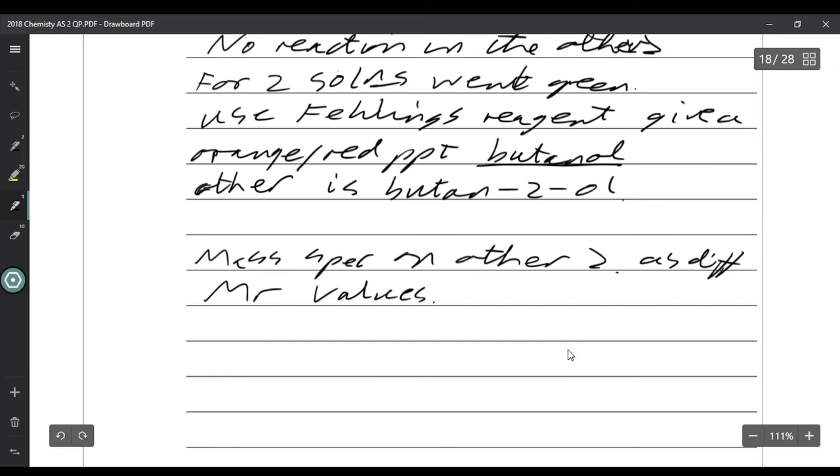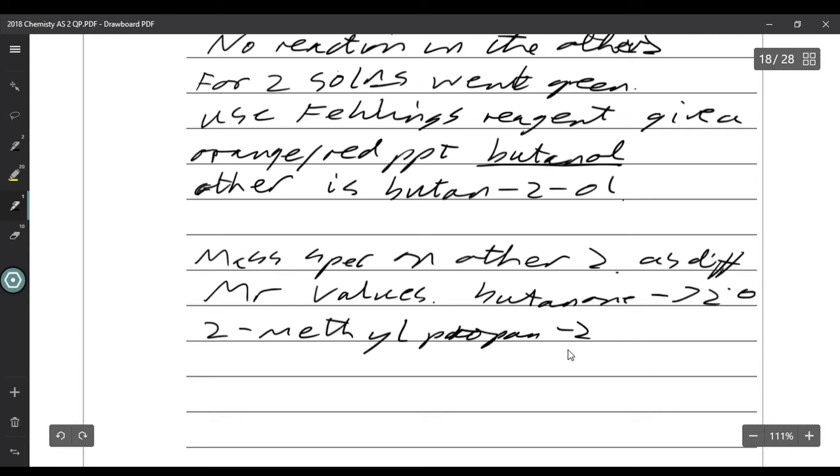So we'd expect to get a peak for butanone at 72 and for 2-methylpropan-2-ol, we'd get a peak at 74.